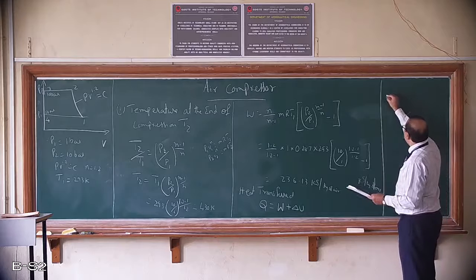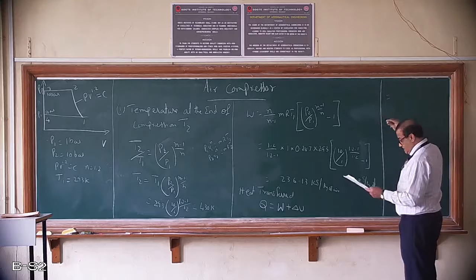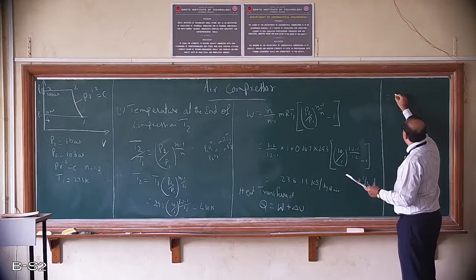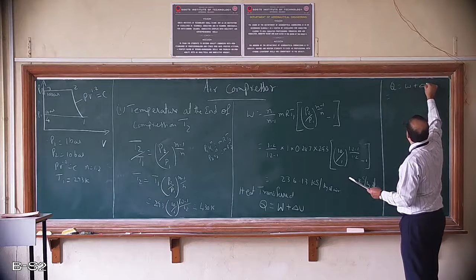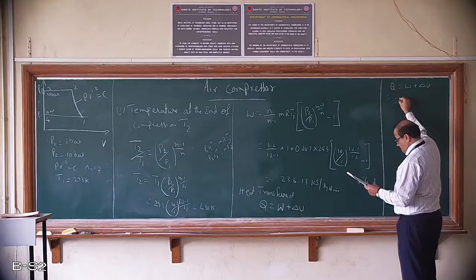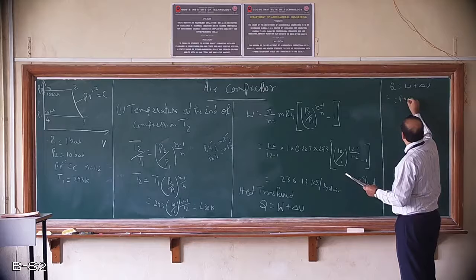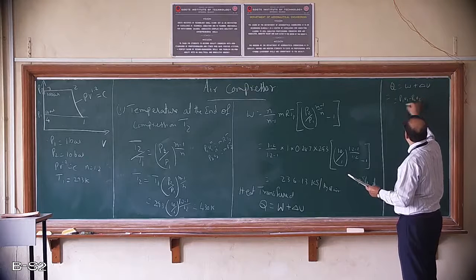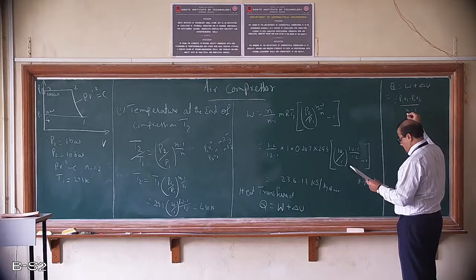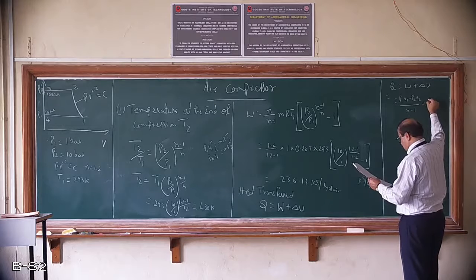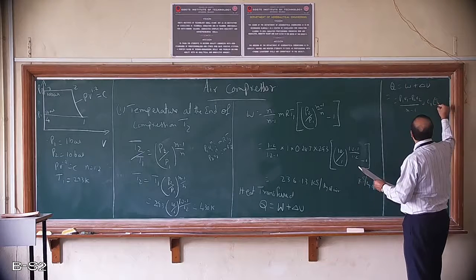So what is work done? Q is equal to W plus delta U. W is (P1V1 minus P2V2) by (n minus 1), plus Cv of (T2 minus T1).